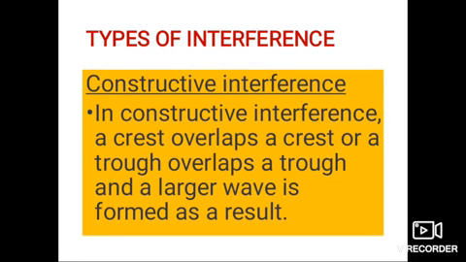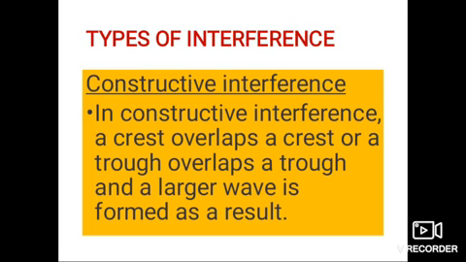Now, there is something which takes place under interference, and that takes us to types of interference. One type of interference is called constructive interference. Constructive interference is the type of interference where a crest of one wave meets the crest of the other wave.